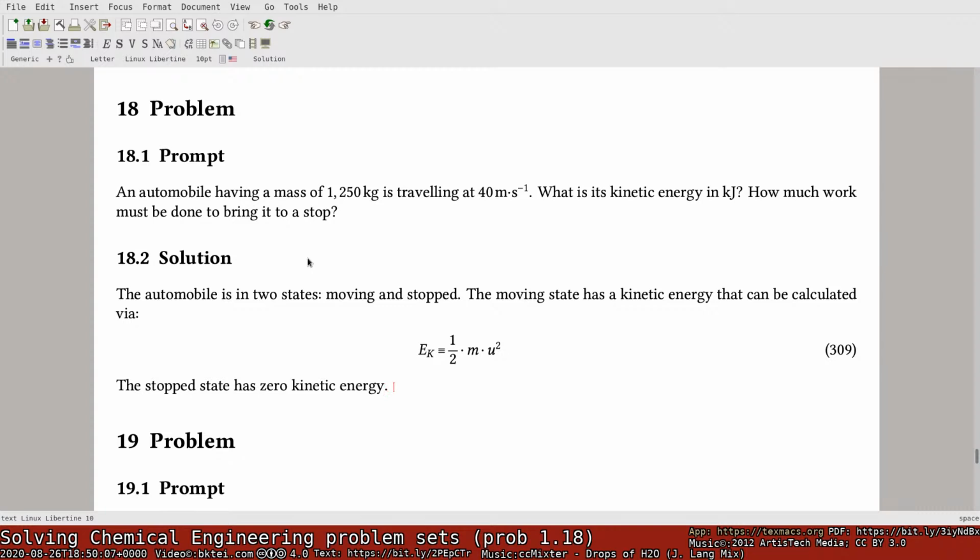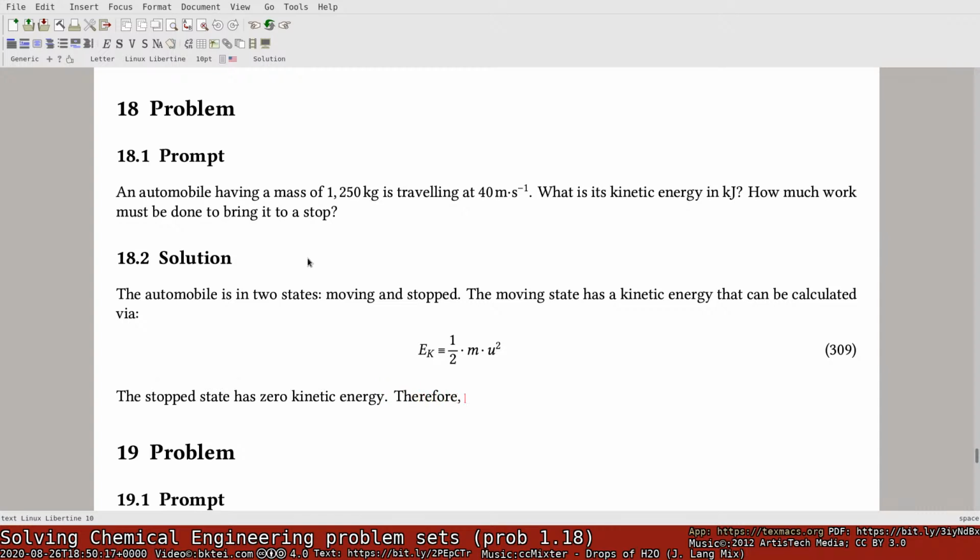How much work must be done to bring it to a stop? Interesting question, but I think it's just asking... Therefore, let's see here, because there's a few ways to go about this.